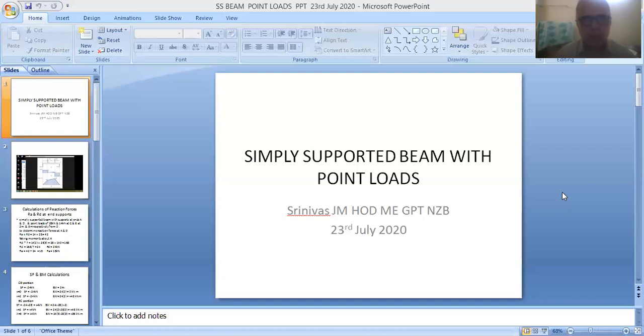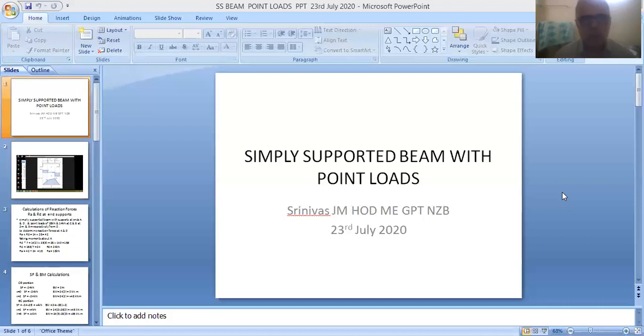Now, depending upon the arrangement, beams are basically classified into four different categories, namely cantilever, simply supported beam, fixed beam, and continuous beam.